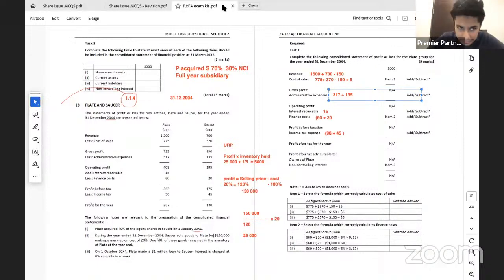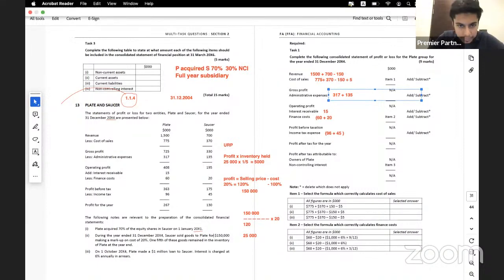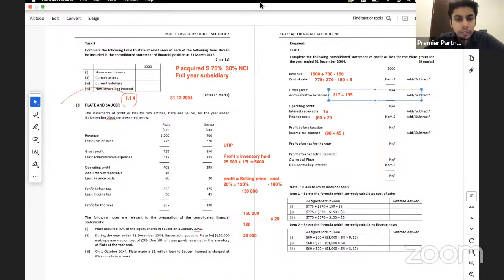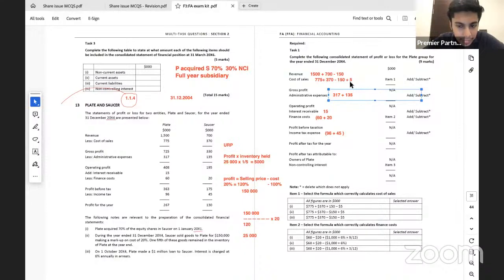Remember, in income statement, doesn't matter if parent sells, doesn't matter if the subsidiary sells. Once you get your URP, just go and add to cost of sale. Now I'm going to teach you why we are adding to cost of sale.